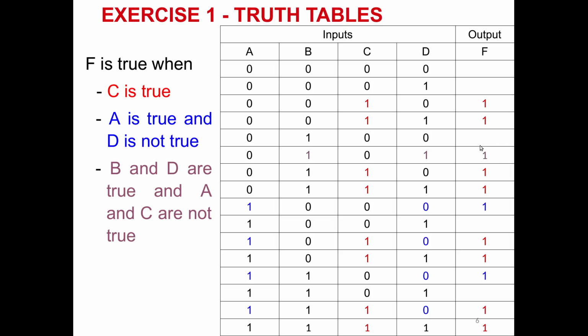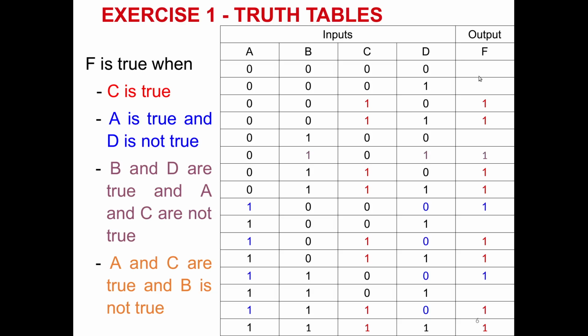The next condition is A and C are true and B is not true. If we look into this, we can see that C is true, which makes F true. So here A and C are true, meaning C is true also, so all the places in which C is true, the output is already filled with 1, so no more change with this condition.